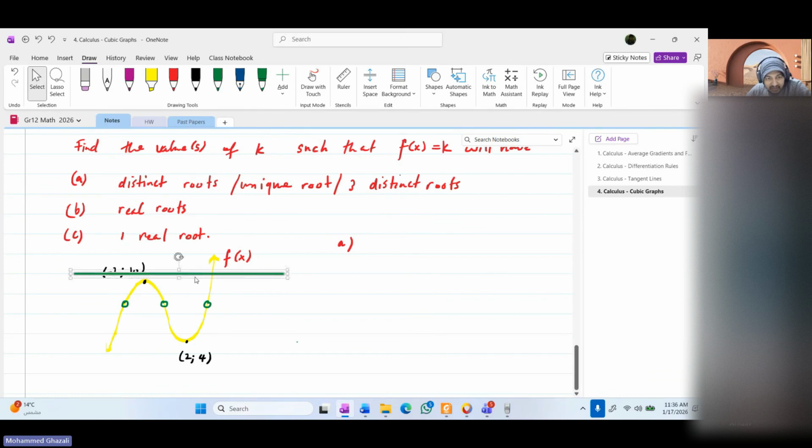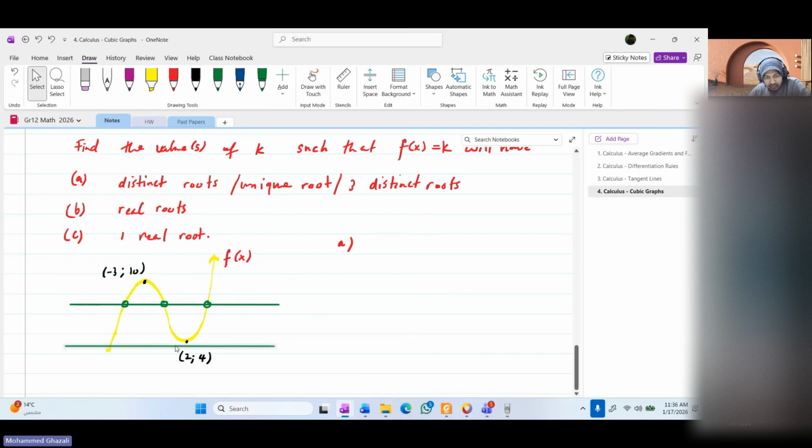You see, what's happening at the turning point? If I'm moving the x-axis there, now I'm getting two answers here. One, I'm just getting real roots, okay? Now, if I move it here, okay? Now we can see we are getting three distinct roots. Distinct means different. It means unique. Okay. So you can see if I move this line everywhere, it's only cutting the graph once now.